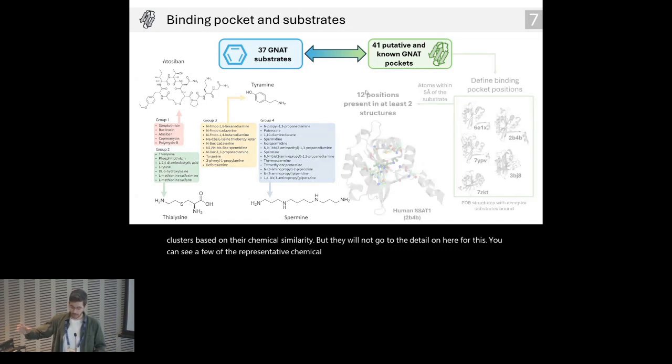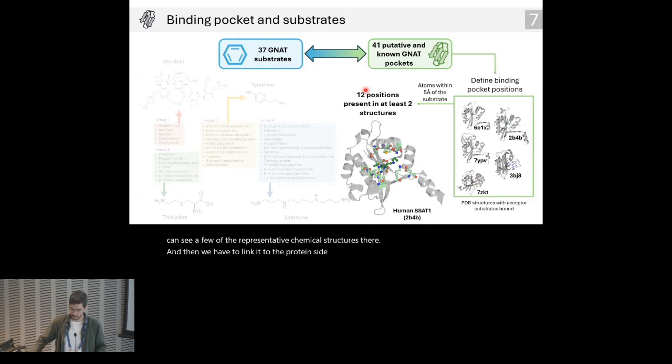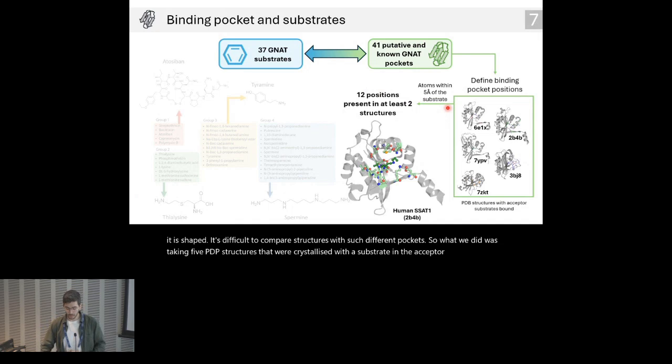And then we had to link it to the protein site, to the binding pocket. Because the domain swap process changes quite a bit the binding pocket and how it is shaped, it's difficult to compare structures with such different pockets. So what we did was take 5 PDB structures that were co-crystallized with a substrate in the acceptor site of the protein, and we took all the residues that were within 5 Angstroms of the substrate.